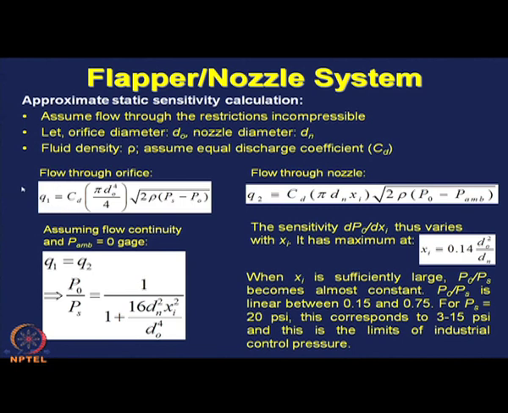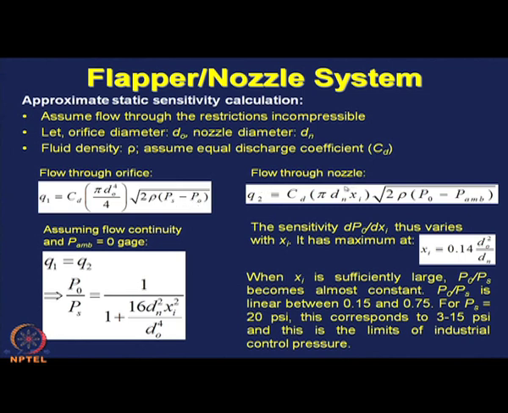So, now flow through the orifice can be represented by this equation. Flow through orifice Q1 is equal to discharge coefficient multiplied by pi DO to the power 4 divided by 4 into square root of 2 into rho into Ps minus Po, where Ps is the supply pressure and Po is the signal pressure.